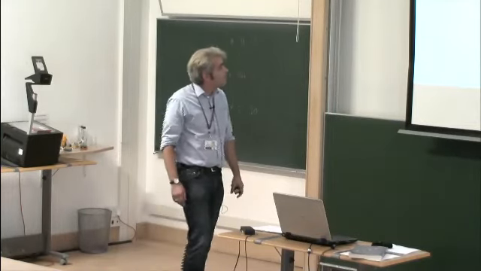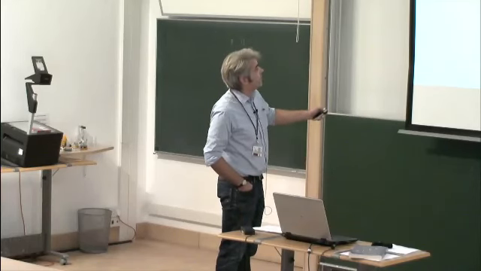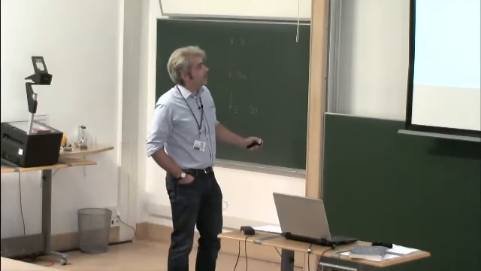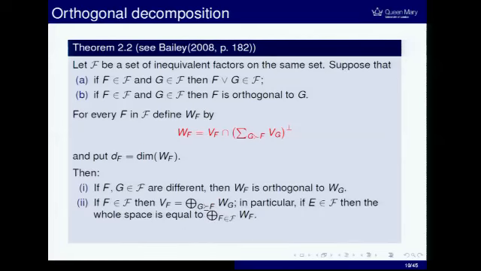So we can define for every factor a second vector space, basically by taking the sum of the V spaces for factors that are coarser than F, and then take its orthogonal complement within the V space for the factor F. We denote the dimension of those W spaces by dF. And then, if the factors are different, then the corresponding W spaces are orthogonal to each other.